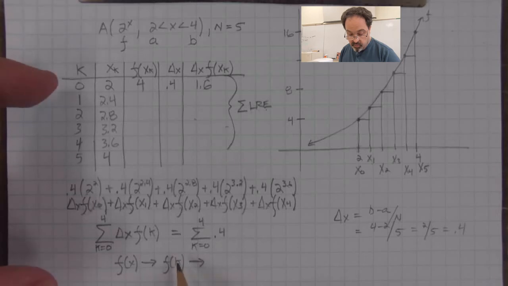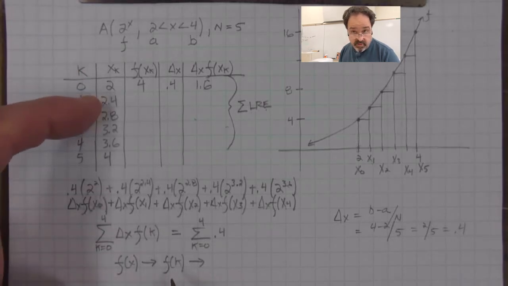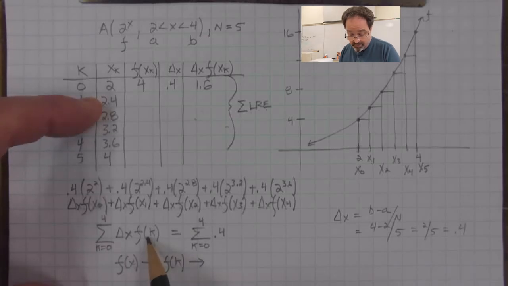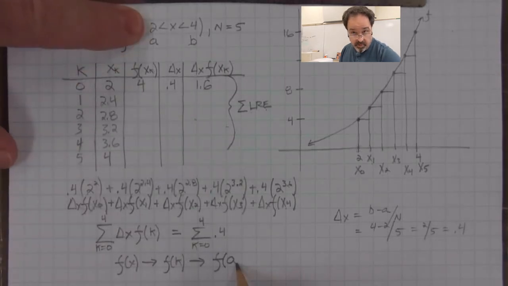What mathematical process takes k values and turns them into the appropriate x value that's needed to get the appropriate function value to correctly calculate the area? Well, that function is always a function where we change what we put into the function to be a, the same value that is the lower bound of our interval, plus delta x times k.